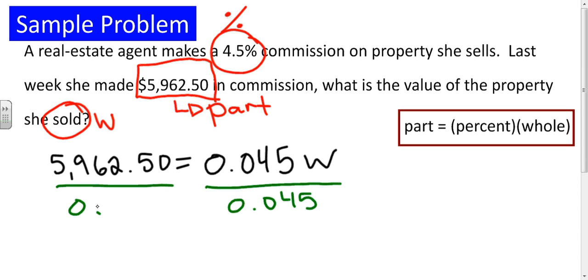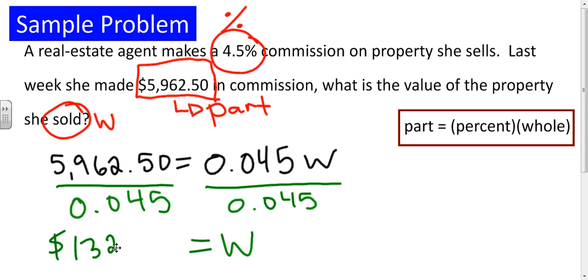And when I take $5,962.50 and I divide it by 45 thousandths, I'm going to find out that the whole, the value of all the property she sold, is going to be $132,000. I'm sorry, $132,500. And that is the value of all the property she sold.